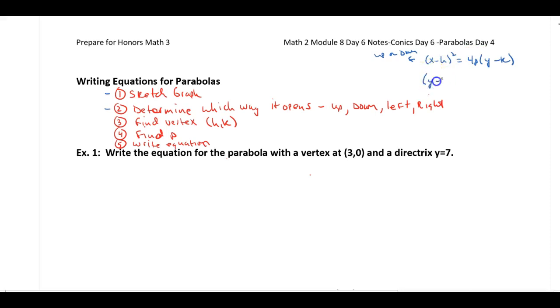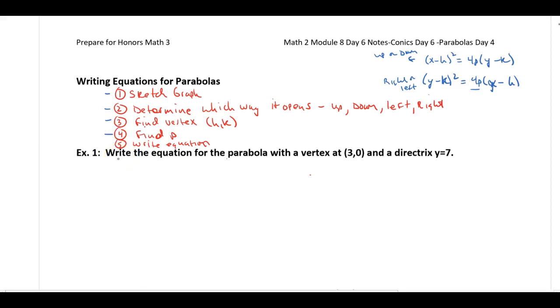If it's y minus k squared equals 4p times x minus h, then you know it opens right or left, and that is based off of 4p being positive or negative. Then you want to find the vertex, okay, and then find p, and then write your equation.